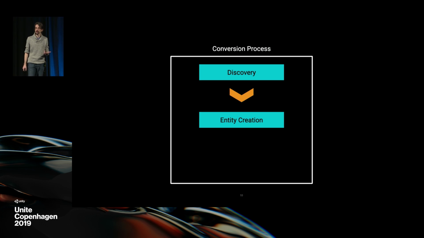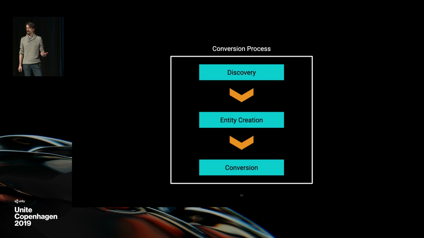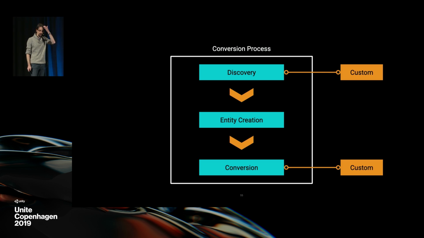Next step is the entity creation. For every single GameObject, we create an entity. That's a very simple step. Last step, which is the most involved, let's say, is the conversion itself, where we are going to go over all the systems and all the functions that handle conversion. And we can customize these two things. The discovery stage, that's what we're about to do, and the conversion stage, that's what we did in the previous example.